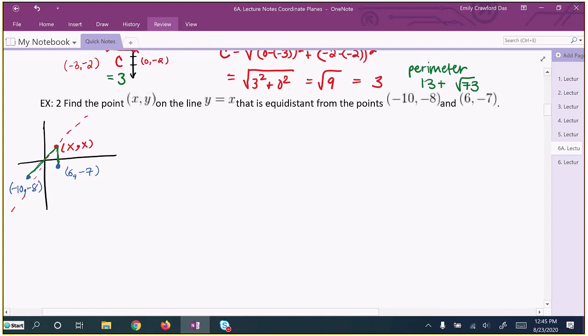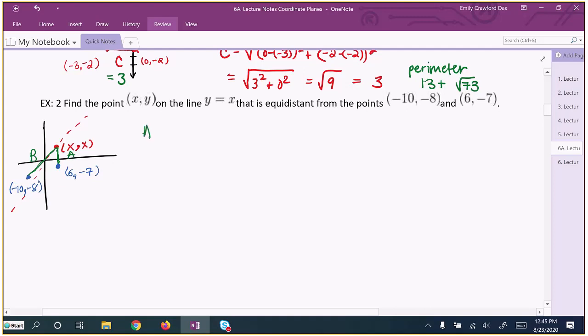So how do we find the right point? Well, first of all, let's find out what would the distance be from 6, -7 to x, x. We would have, let's say this distance is a and this distance is b.